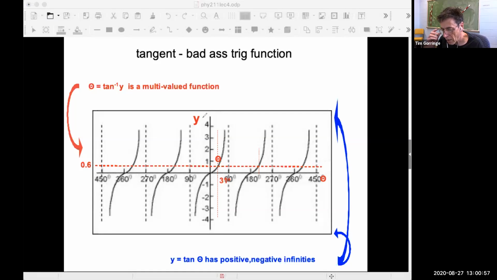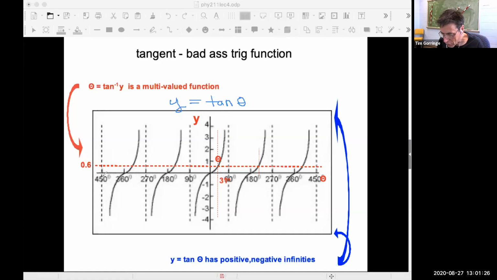So on this graph, I've drawn the tan function. This is a graph where the vertical axis y is equal to the tangent of theta. So that's what I'm graphing here. Horizontally is theta, and vertically is the tangent of theta.